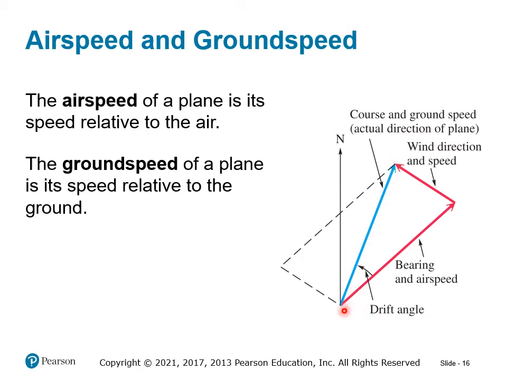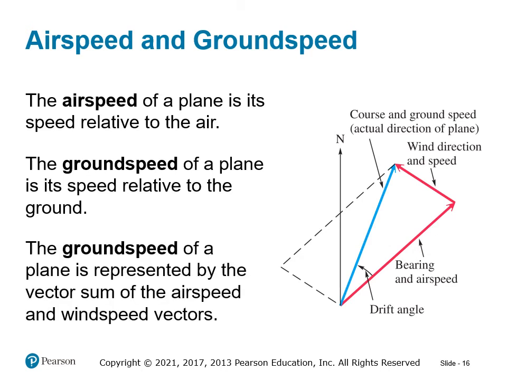So airspeed and bearing plus wind speed and bearing give us the actual direction and course of the plane and its ground speed, the speed it's traveling relative to the Earth. I know that was a lot, but I wanted to go through that slowly. Airspeed plus wind direction give us course and ground speed.